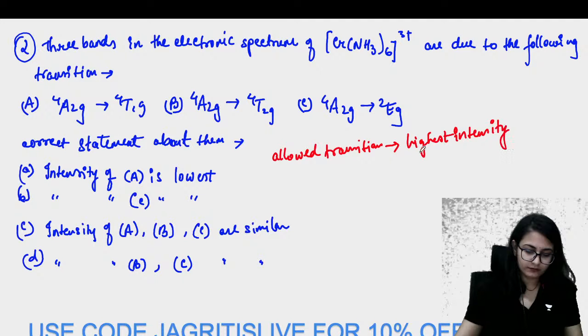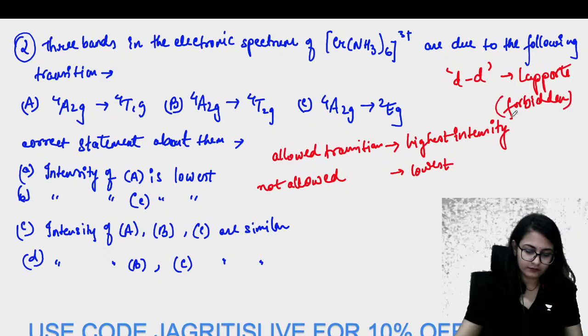The disallowed transitions are going to have the lowest intensity. So what would you say about it? You will say that allowed transitions are those... See, all of these transitions are d-d forbidden. मतलब कि all of these are d-d transitions. तो क्या है? Laporte forbidden.